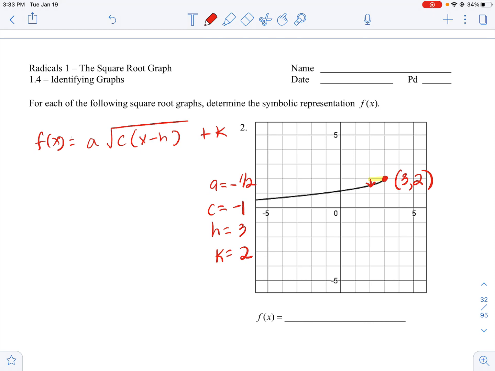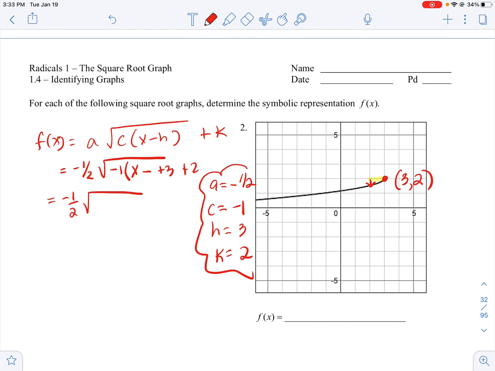Okay, so let's put this together. We have a negative 1/2, and our c is negative 1, x, always x, minus positive 3, plus 2. And so we have negative 1/2. It looks like we need to clean it up, right? So you see this negative right here.